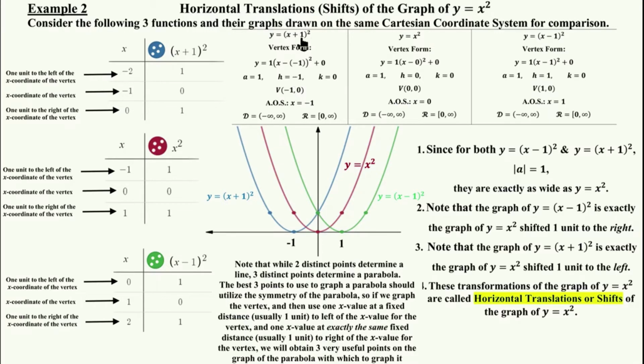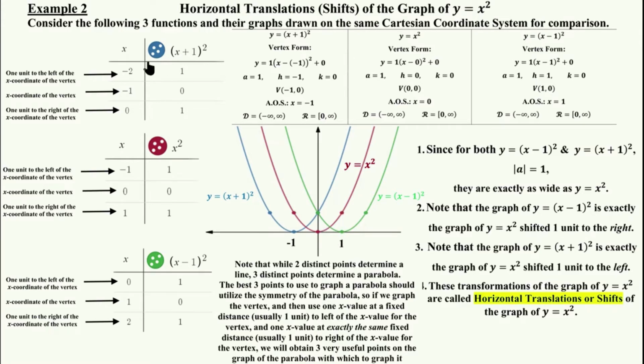So the easiest thing to remember is that when you have x plus a number as opposed to just x squared, you're going to actually be moving the graph of x squared to the left that many units. And when it's x minus 1, notice h just becomes 1. That's the translation factor constant. And in this case, you're going to be moving 1 unit to the right.